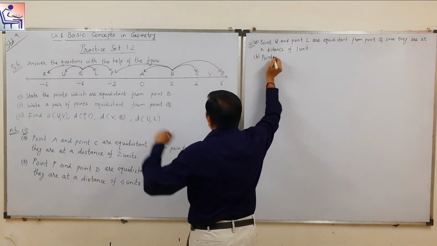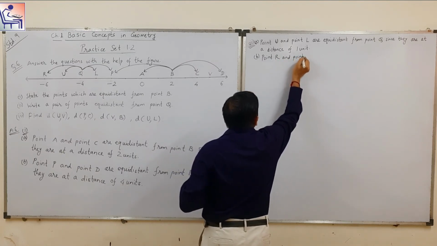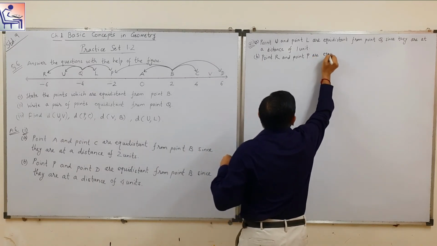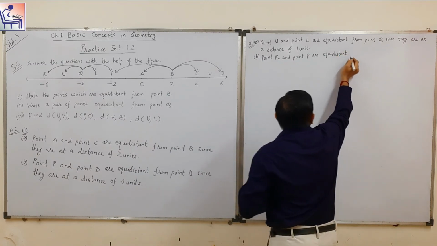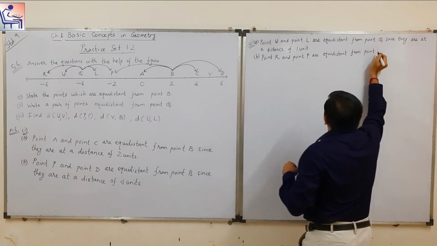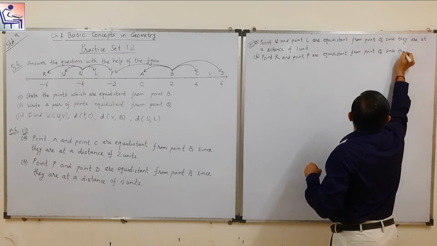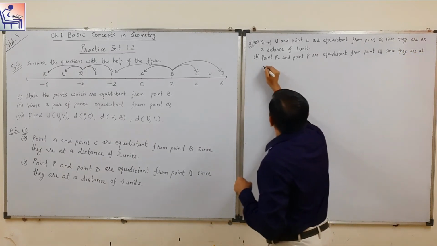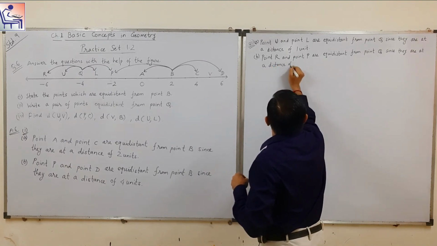Point R and point P are equidistant from point Q since they are at a distance of 2 units.